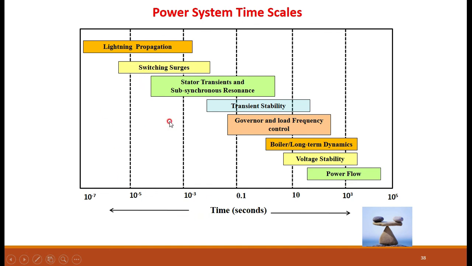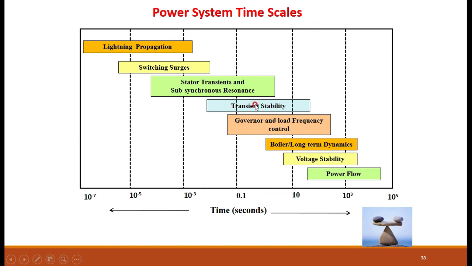And the switching surges last for 10 raised to minus 5 to 10 raised to minus 3 seconds, whereas stator transients and subsynchronous resonances, that is SSR, are concerned with the system dynamics. That study is around 10 raised to minus 4 to around 5 seconds.